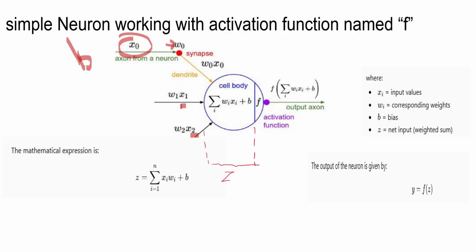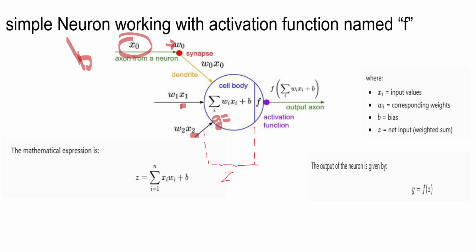Within the cell body, two calculations happen. One is this g. This g is equal to the summation of each weight multiplied with the corresponding input. As per this diagram, each input xi has a corresponding weight wi, and all the wi are multiplied with the corresponding xi, plus this bias.